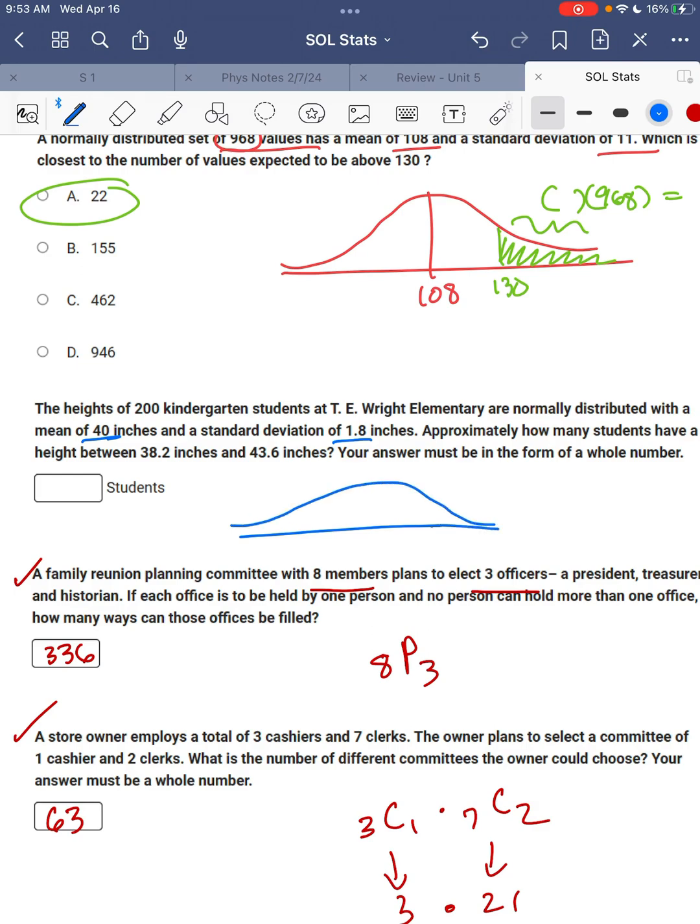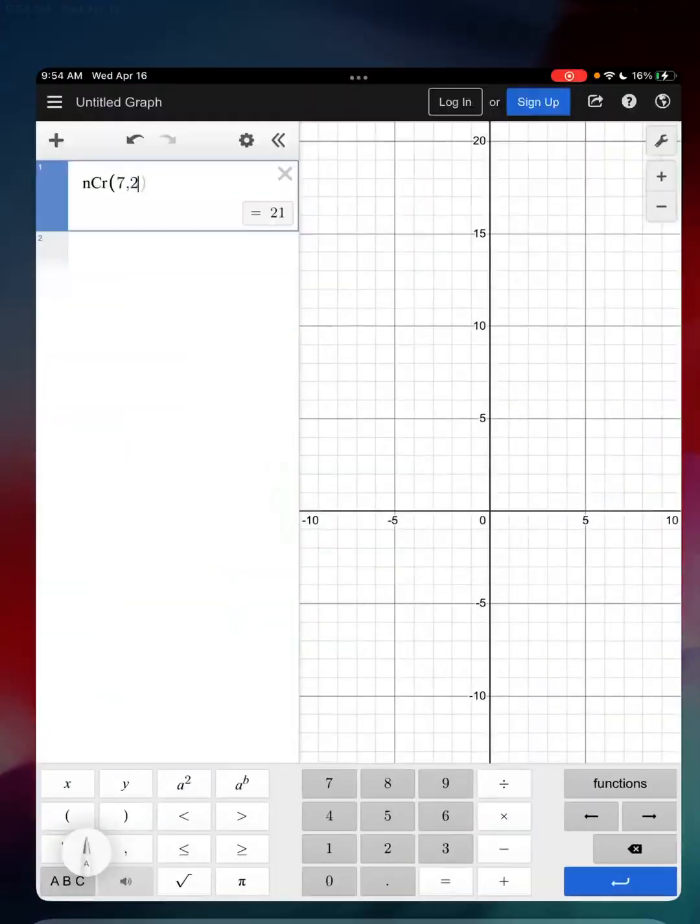All right, so I'm going to say the mean is 40 and standard deviation is 1.8, but I want 38.2, which would be down here, 43.6, maybe there. So it's not like a huge amount. We want 40 and 1.8 for our standard deviation.